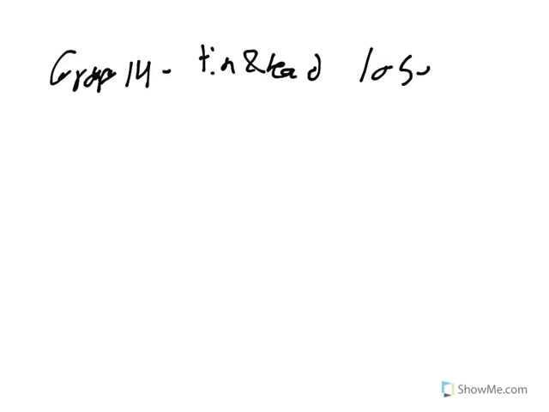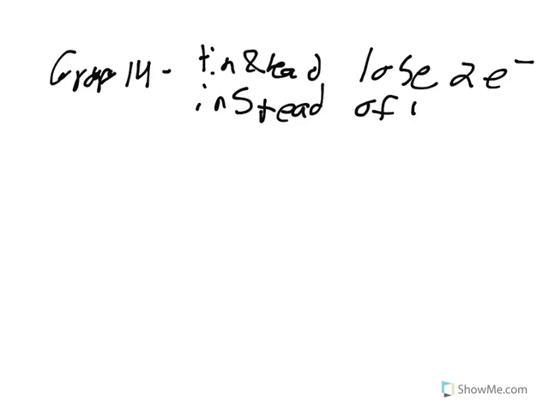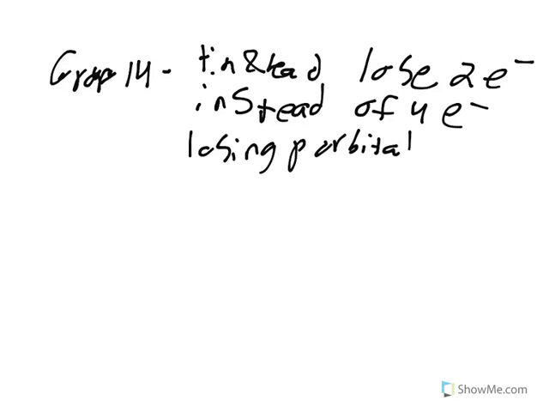For example, group 14 elements, tin and lead, lose 2 electrons instead of 4 because it takes less energy to bring about this, and it's stabler because they're losing their p orbital. But the s orbital is maintained.